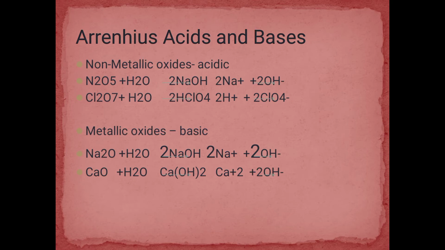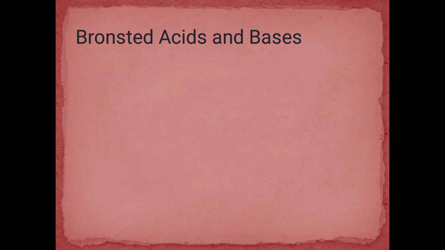If you know which part of the periodic table contains the metals and which contains the non-metals, you can easily make out which ones are acidic and basic. Like if you have non-metallic oxides, you know they are acidic, and metallic oxides are basic.